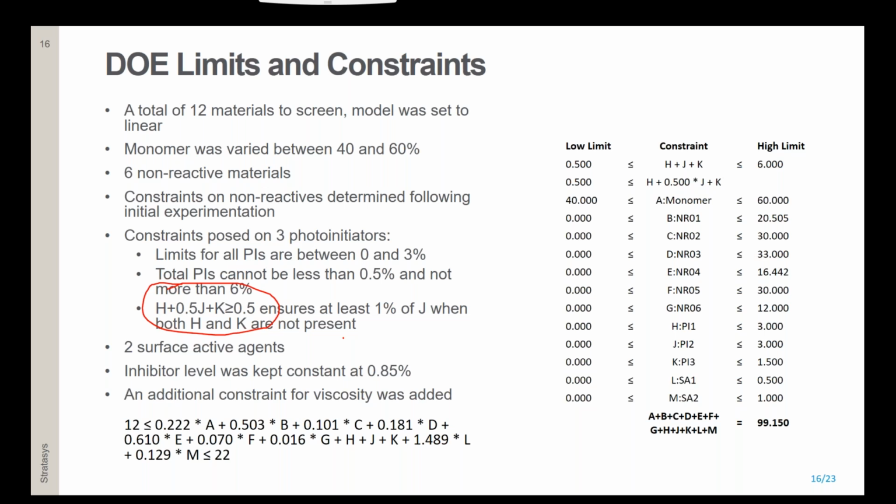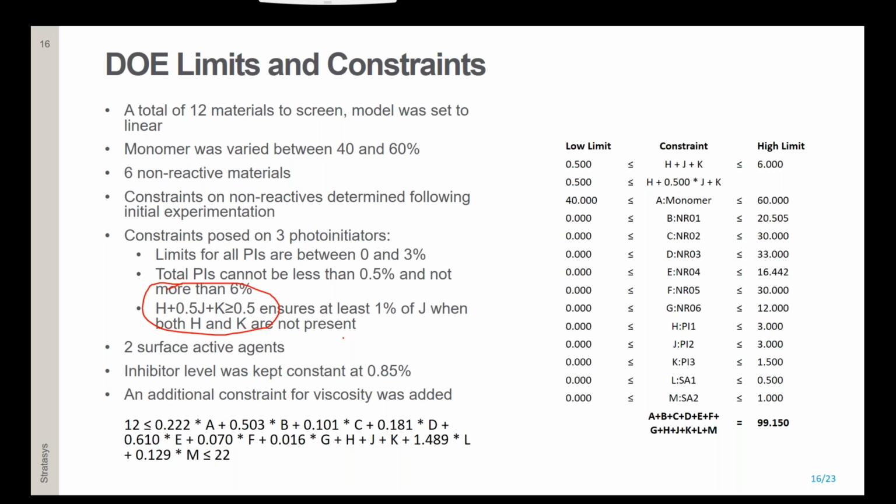And then initially, we added a constraint for viscosity because you cannot have the viscosity too low, otherwise the printheads won't be able to jet, and it can't be too high for the same reason. So we had to keep it between a reasonable range.